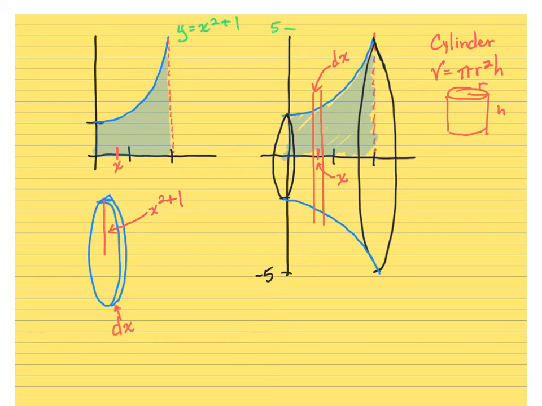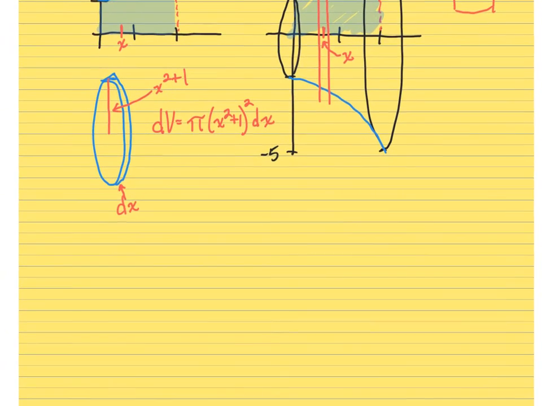I just plugged in x into the function y equals x squared plus 1. And now I can write the volume of this little slice, dV, remember we call it. It's pi times the radius squared times the height, which is dx. And that is the volume of that cylinder, or that disk.